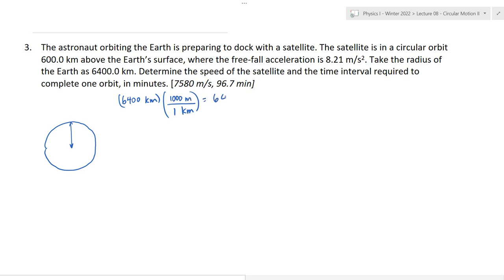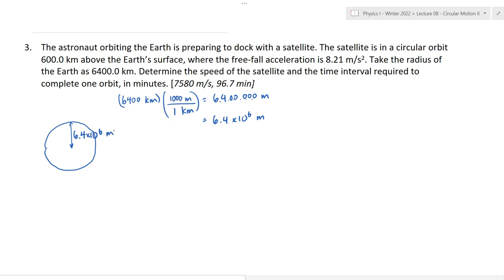I get 6,400,000 meters, or another way of writing that is 6.4 times 10 to the 6 meters. So that's this radius here.